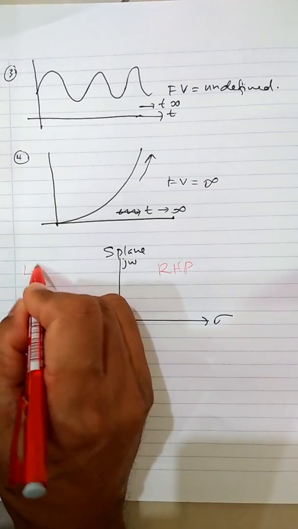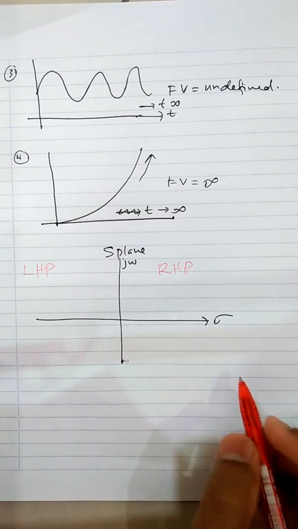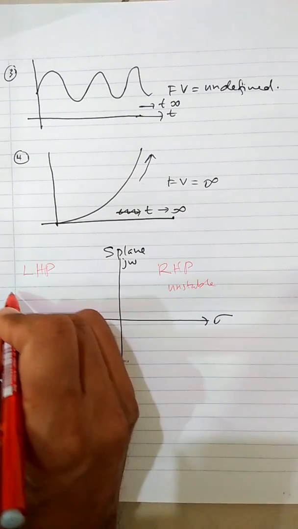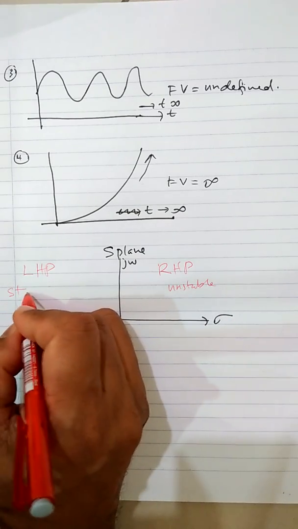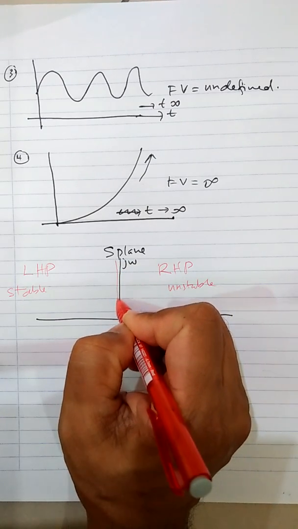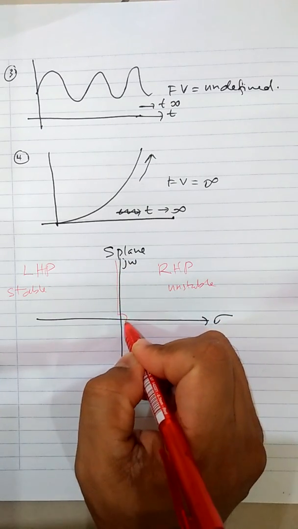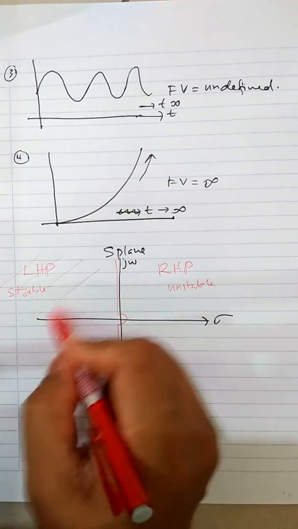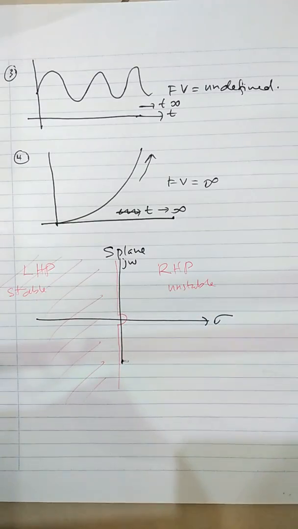This side is unstable, and this side is the stable region.